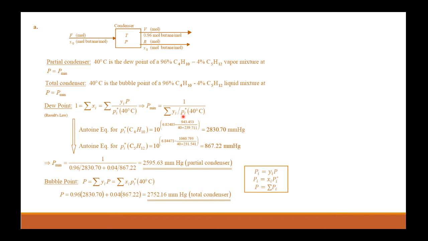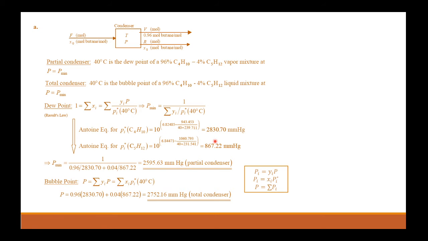Now, we have two species here, butane and pentane, so we need to add up both of them. The mole fraction of butane is 0.96 and the remaining 0.04 is for pentane. We can solve for the vapor pressure of each of the species at 40 degrees Celsius using the Antoine equation, as discussed in the previous week's tutorial.